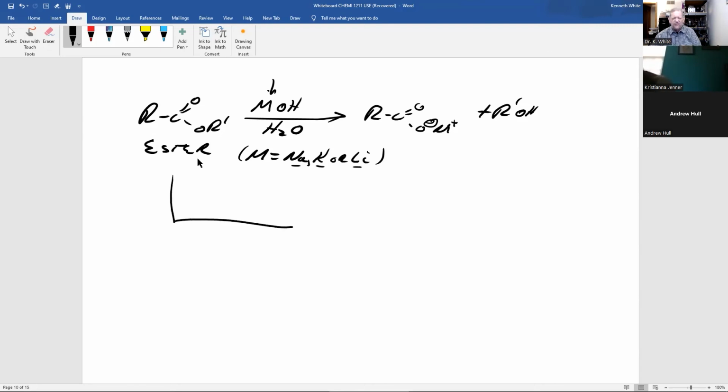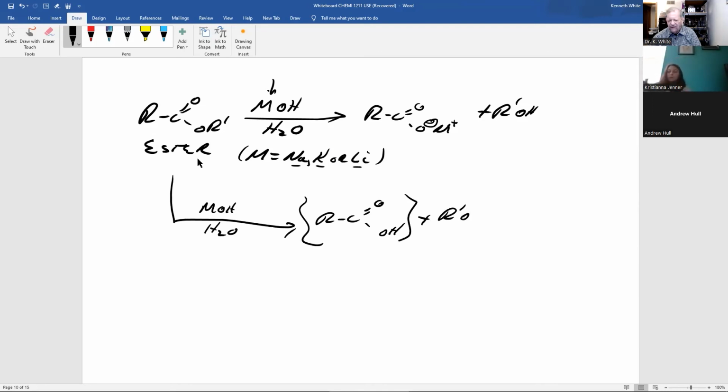And let's take a look. This is one of the rare times I'll do a sort of pseudo mechanism. When you hydrolyze that ester, you'll get the carboxylic acid plus the alcohol.